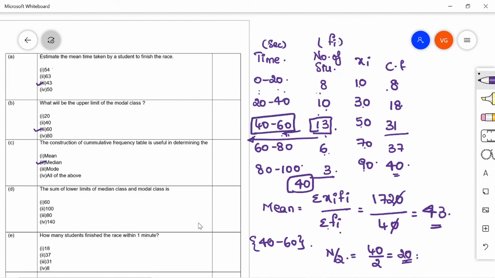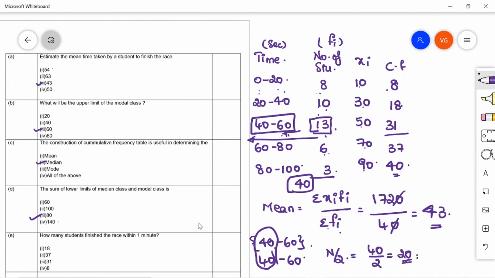Again it is 40 to 60 only. They are asking you to find the sum of the lower limits of both median and modal class. So that is 40 plus 40, 80. So option 3 is correct here. Then how many students finished the race within 1 minute? Right. So the time here given is in seconds. 0 to 20, total of 8 students, then 20 to 40, 10 students, like that.